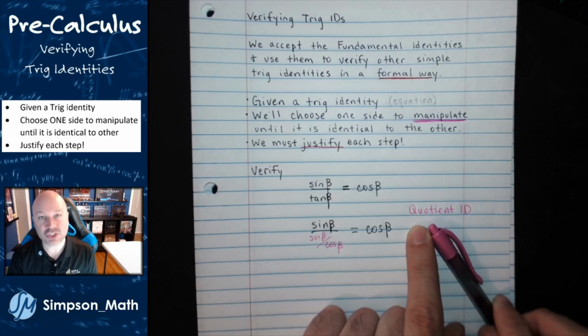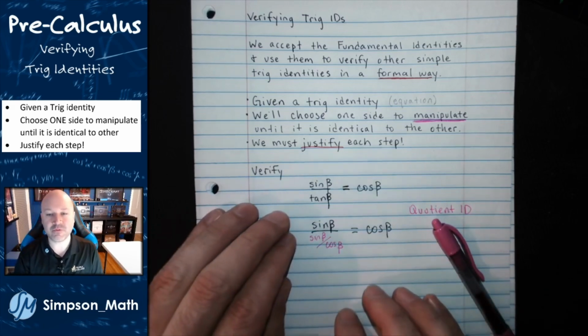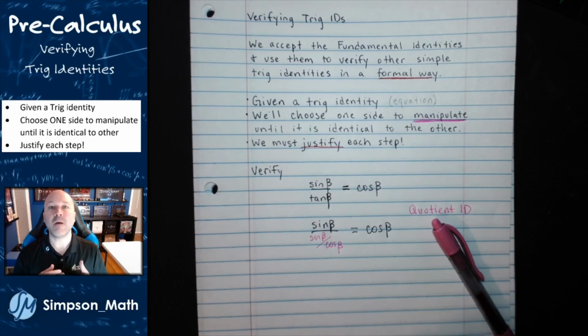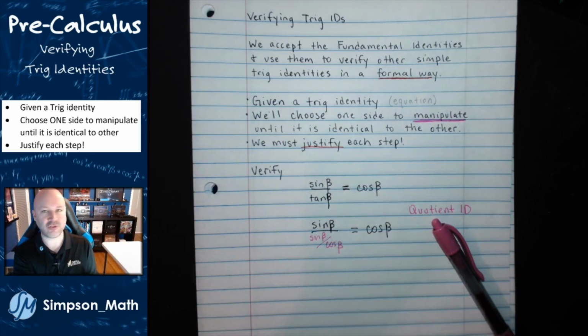Now these justifications, these proofs, they are written in such a way that a peer of yours could follow along. So you are a student of pre-calculus, you are a student of trig, you should be able to hand this piece of paper to a classmate or someone taking trig, and they should be able to follow your work.